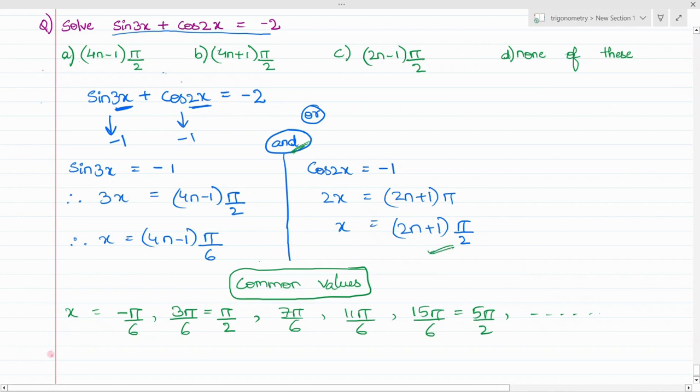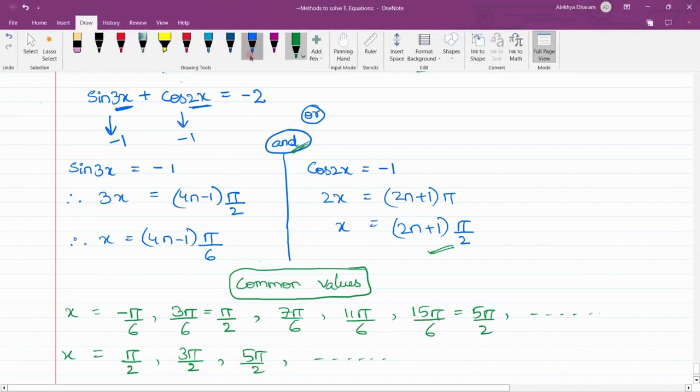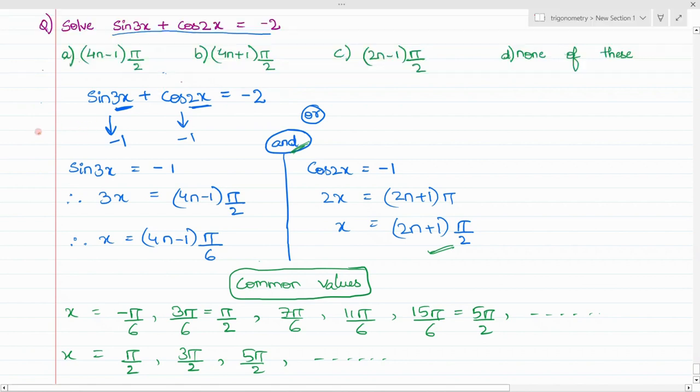Similarly, for this case, the values of x will be, if n is 0, pi by 2. If n is 1, 3 pi by 2. Next 5 pi by 2, and so on. Now, see whether it has common values or not.